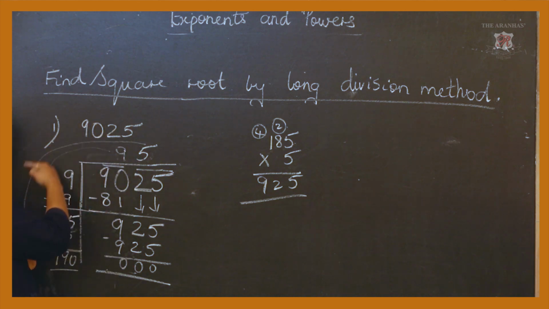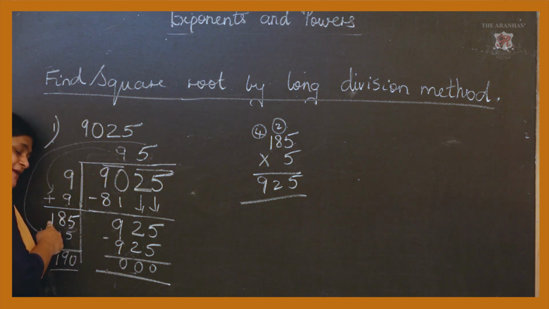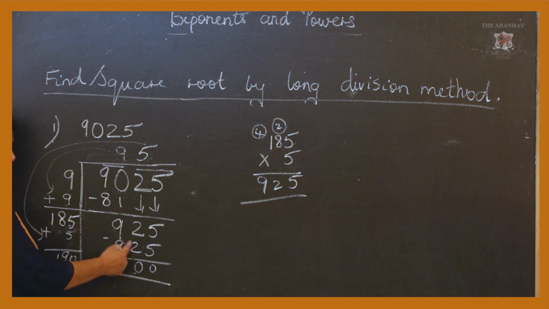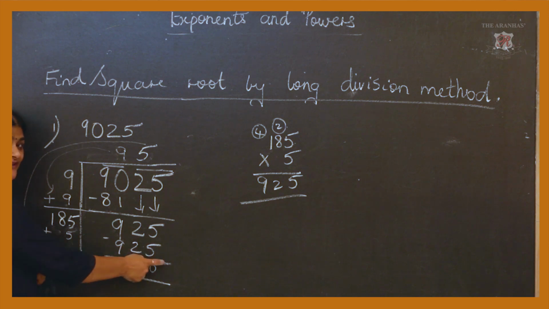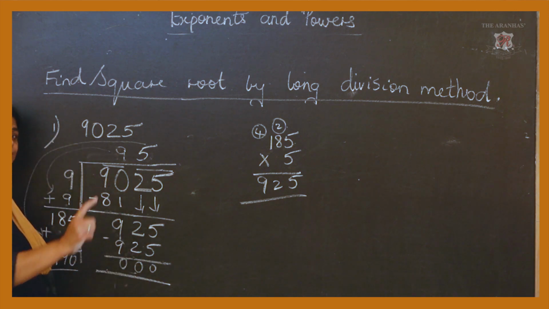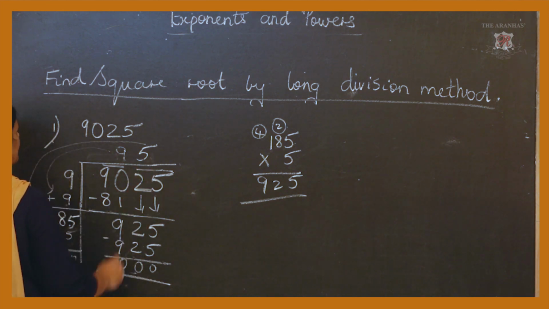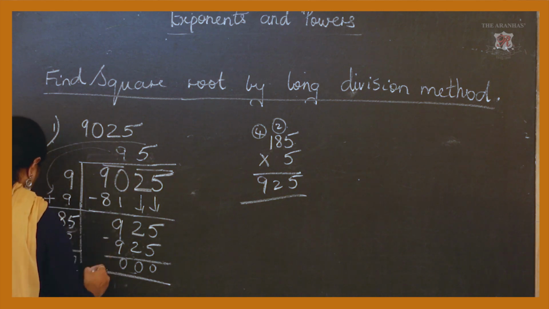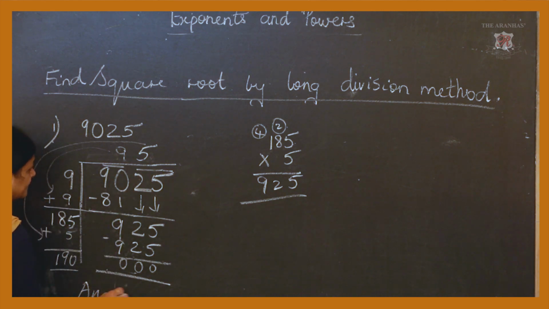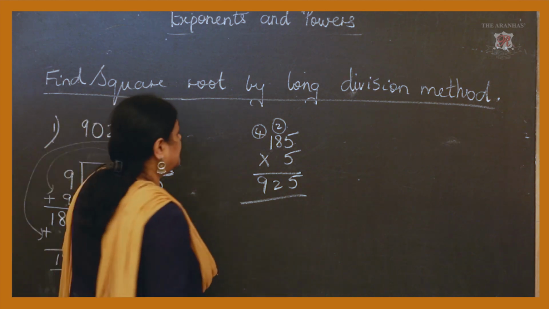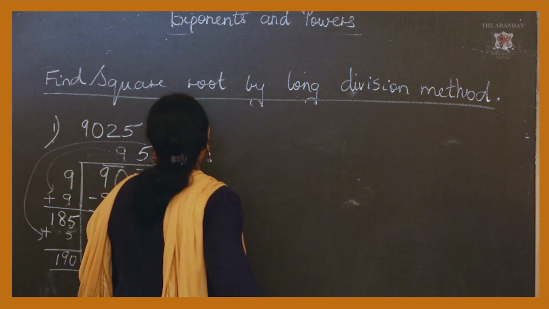So this 5 I am going to add over here, 185 plus 5 will give you 190. And here 925 minus 925 will give you 0. So now your answer is 95. Okay, next we will take one example.